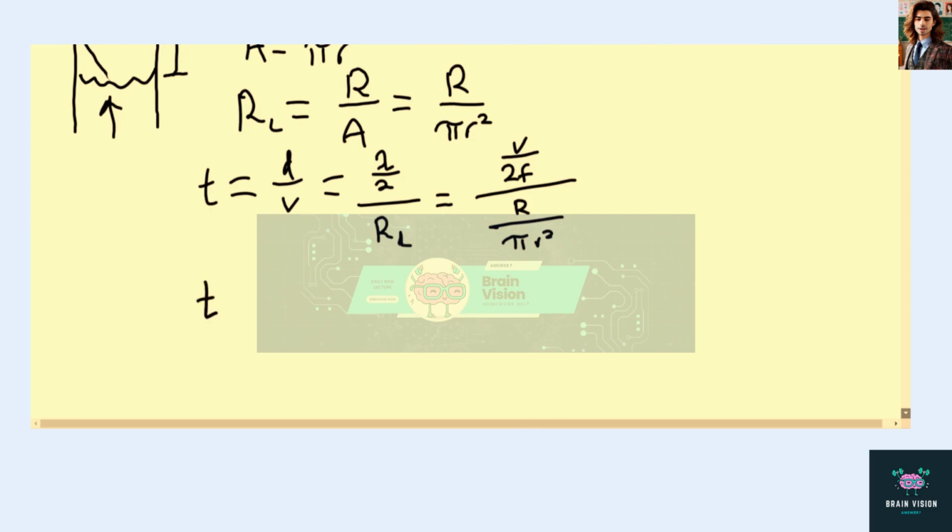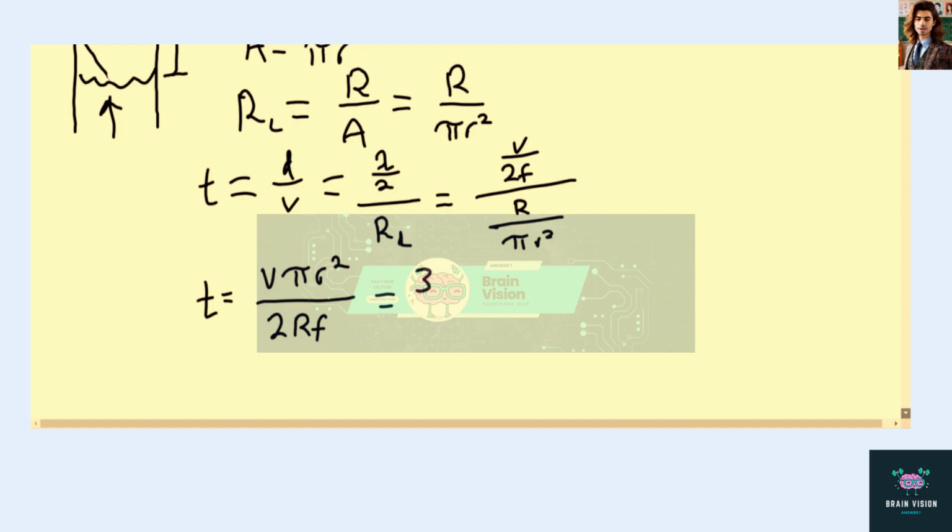So t is then equal to v over 2f in our numerator, and then capital R over pi r squared in our denominator. So the pi r squared will flip to the numerator, and then the 2f will go to the denominator. So this ends up with v pi r squared in the numerator, and in the denominator we have 2 capital R f. And that is our answer if we want to keep v in it.